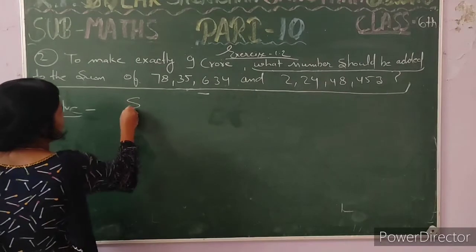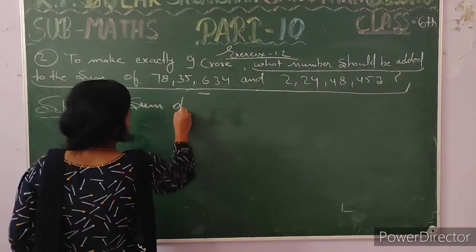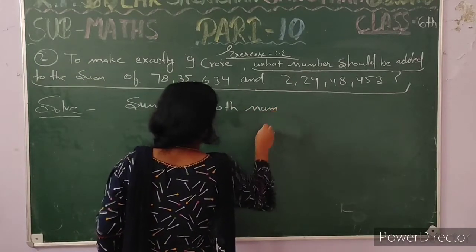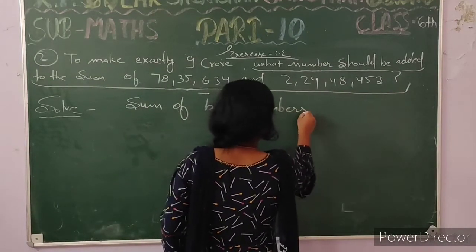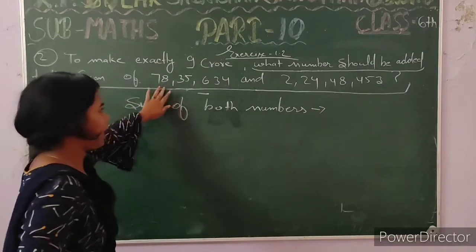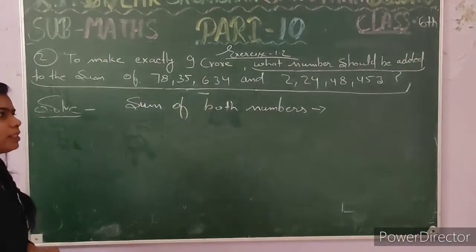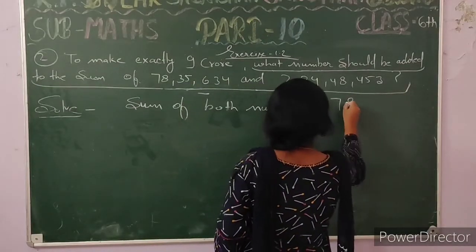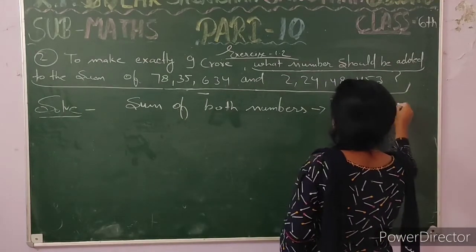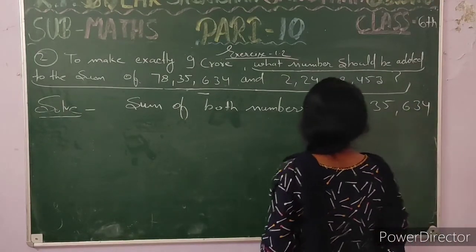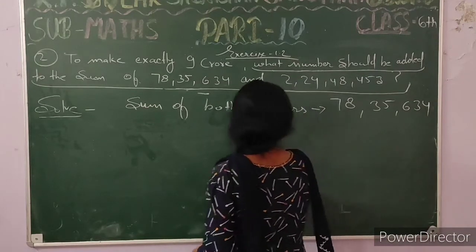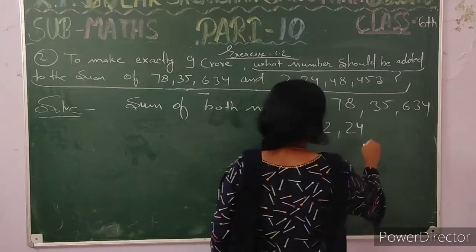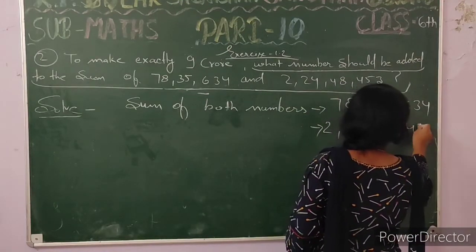So here we write the sum of both numbers. You can write the first number here and the second number there. The first number is 78 lakh 35,634 and the second number is 2 crore 24 lakh 48,453.